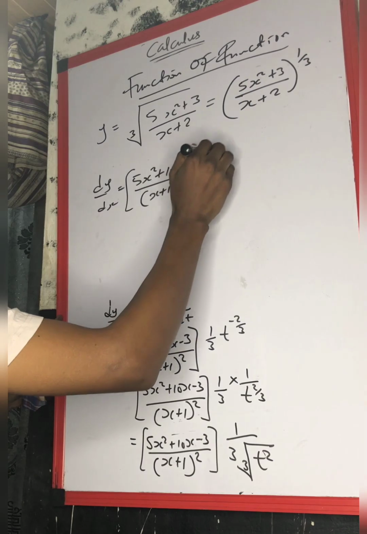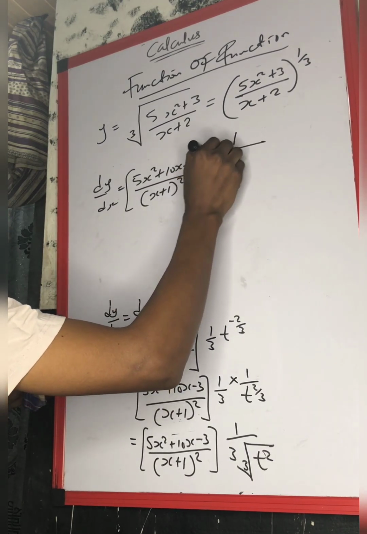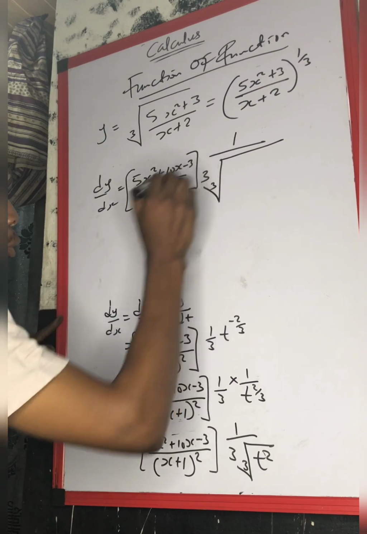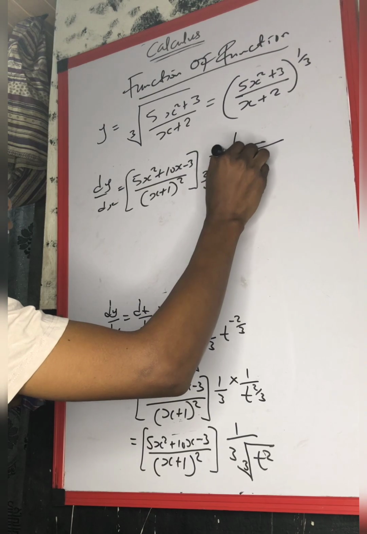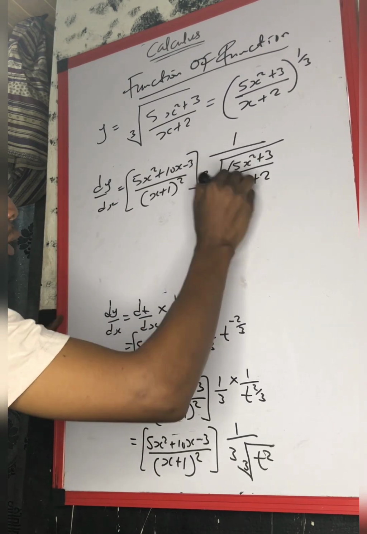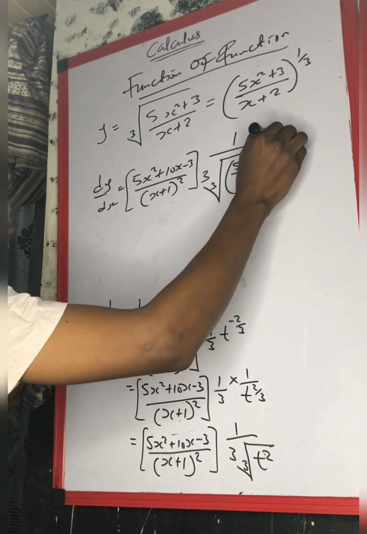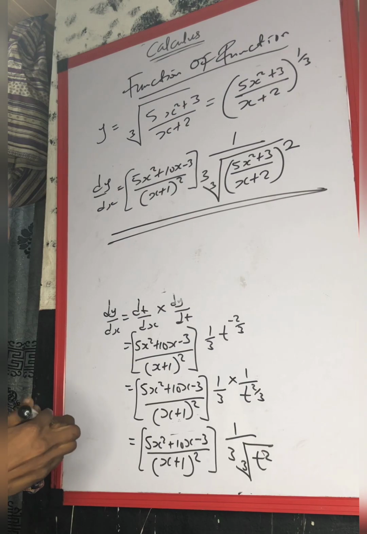Then it becomes 1 all over 3 times the cube root of t, which is everything inside the bracket, (5s squared plus 3) all over (s plus 2), all bracket raised to the power of 2. So this is our final answer. Thank you.